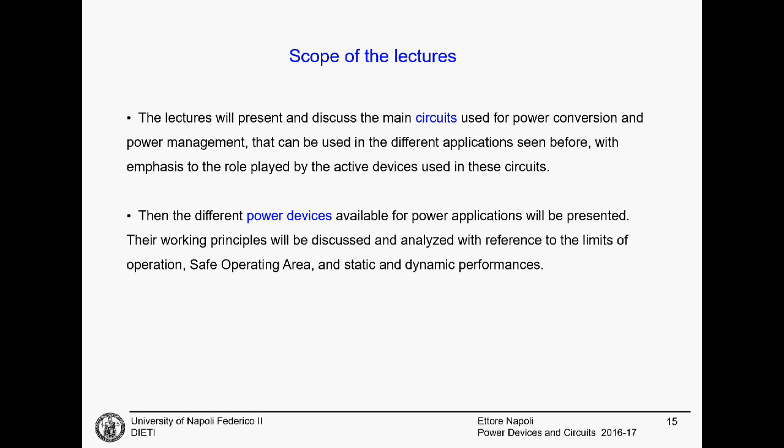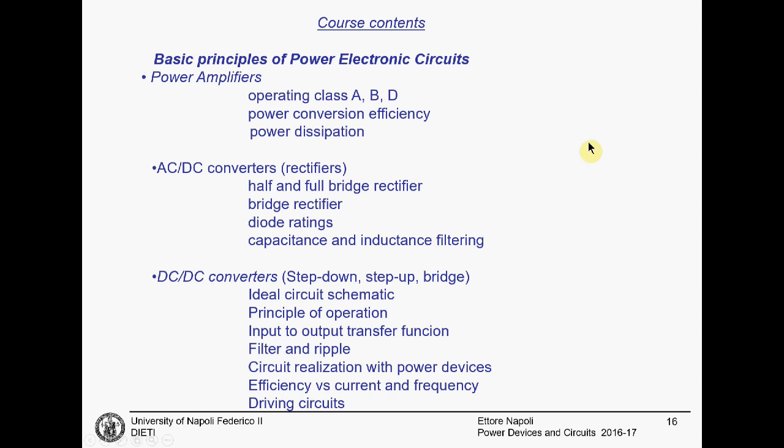Then we will also study the different power devices to understand their limits and their range of operation. The topics, more or less in this order, will be power amplifiers. We will study operating classes A, B, and D. We will discuss the concept of power conversion efficiency and power dissipation.